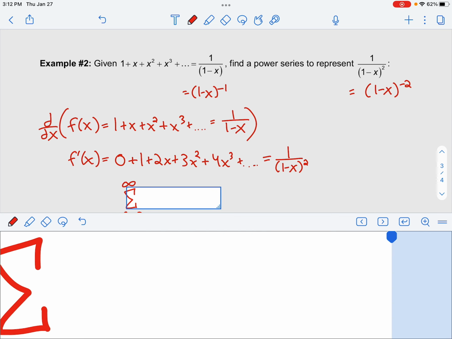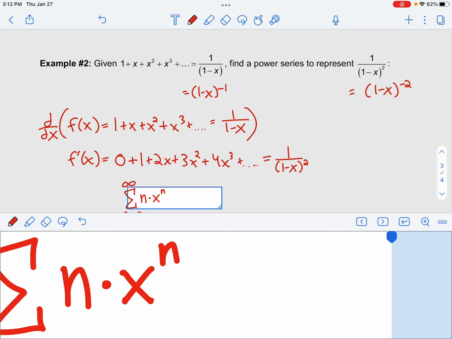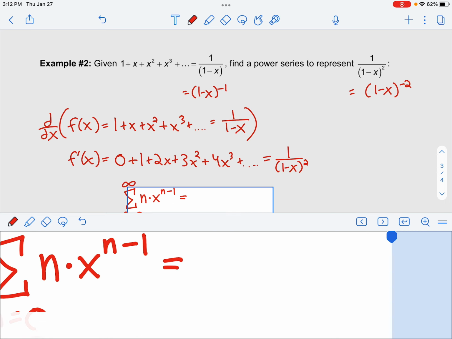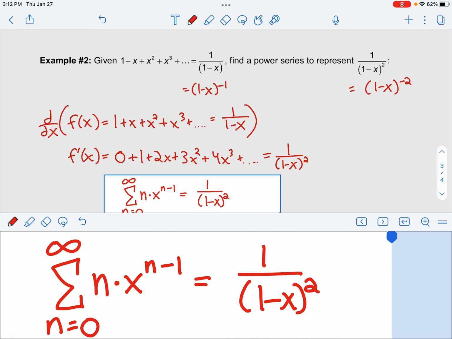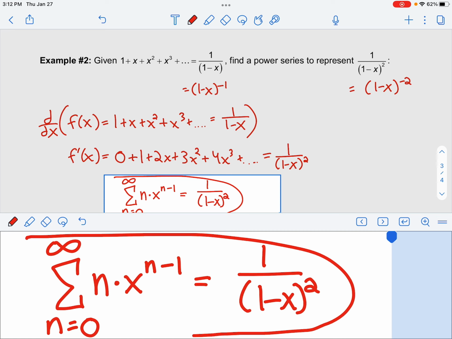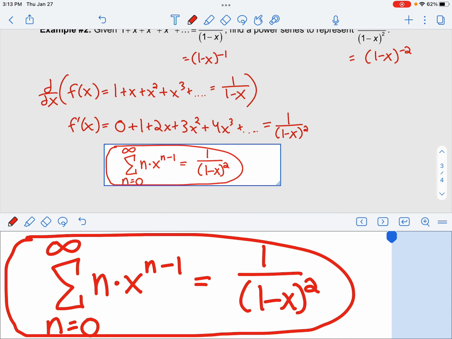So what's the derivative of x to the n? n times x to the n minus 1. That is going to equal 1 over 1 minus x squared. So here is a power series that I can use to represent 1 over 1 minus x squared. Okay, example 3, very similar.